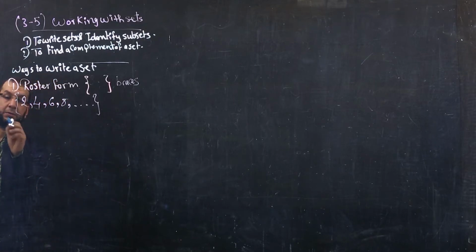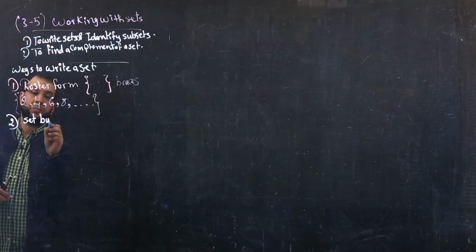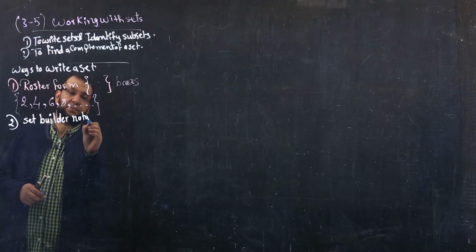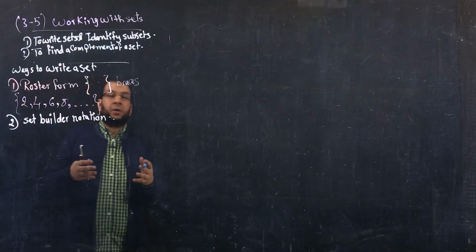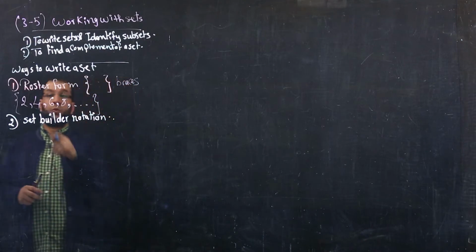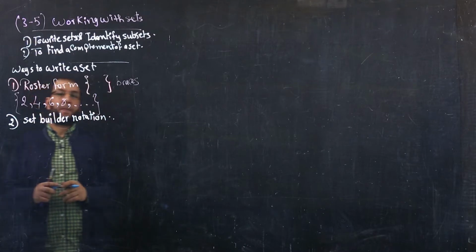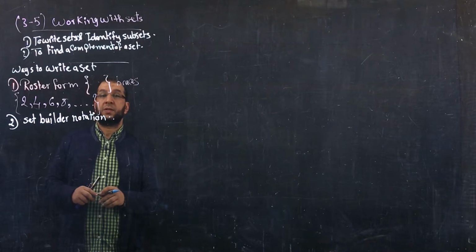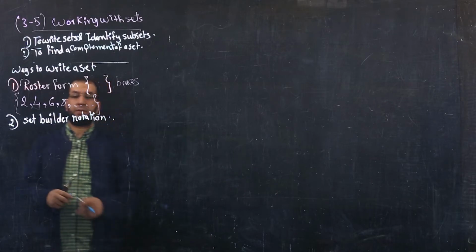Second way is set builder notation. It describes the elements. Here we said even numbers greater than 0. We can also say multiples of 2. The set of multiples of 2 is 2, 4, 6, 8, and so on.